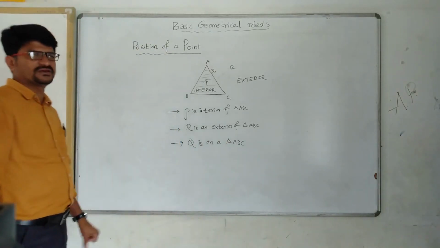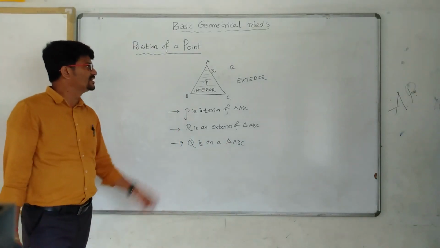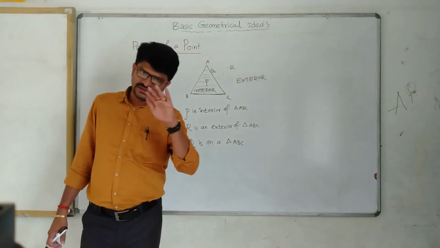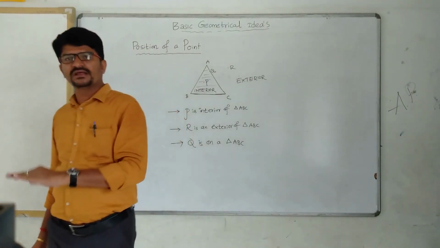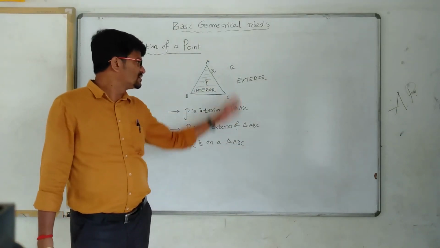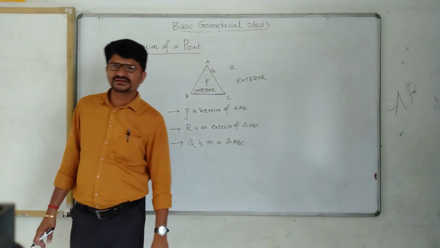Like this, you can identify the position of the points. Here, position of the point means whether it is interior, exterior or on the triangle. Like this, you must divide it.